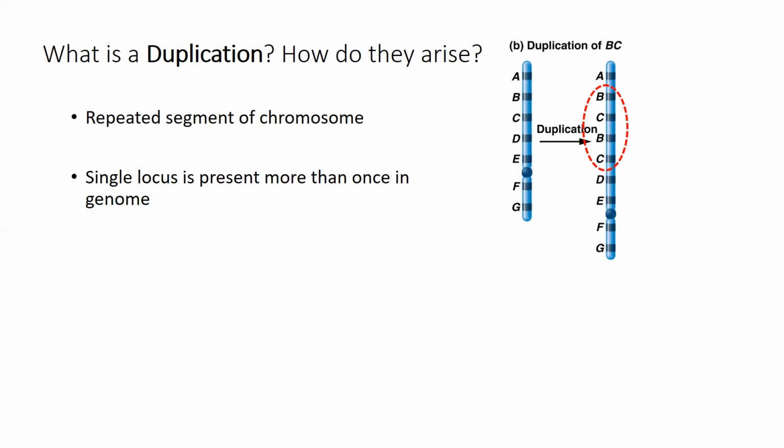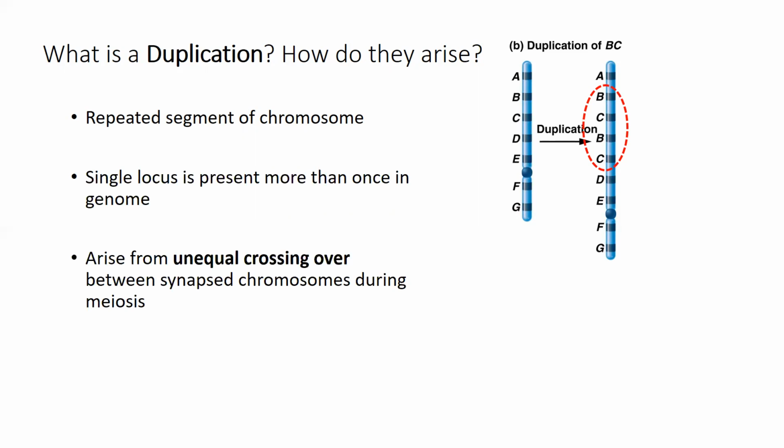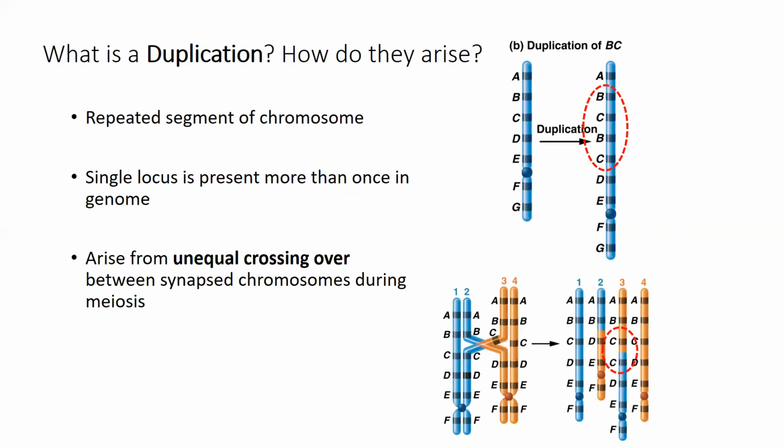That's essentially duplication. It typically arises when unequal crossing over between the synapsed chromosomes occurs during meiosis. So when unequal crossing over occurs, you end up with multiple copies of the same sequences or segments on the same chromosome.